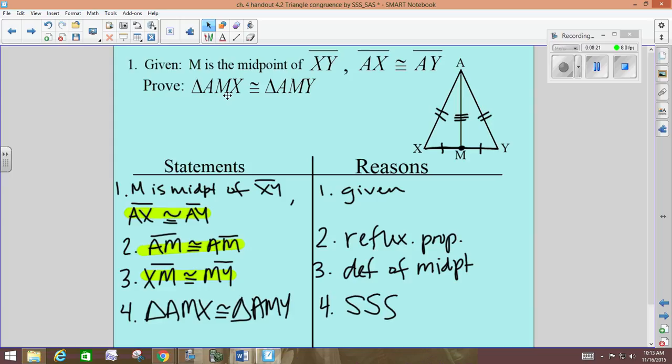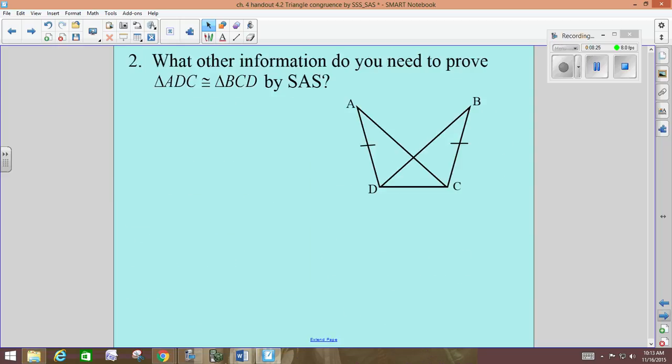Okay. Number 2 then. What other information do you need to prove that triangle ADC is congruent to triangle BCD by side, angle, side? Okay, the triangles are overlapping and creating more triangles. I'm going to pick apart the two that they want us to look at, ADC and BCD.